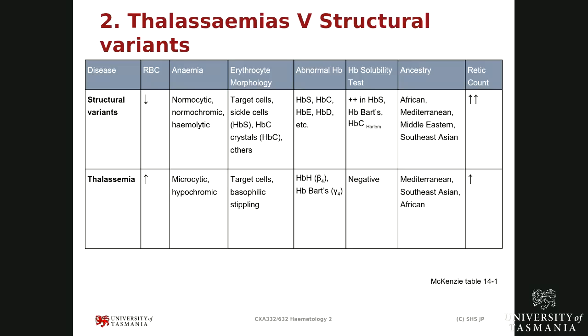And please notice, as I said before, that we tend to get an increased retic count with our structural hemoglobin variants, because they normally have more of a hemolytic component to them than the thalassemias do. Yes, the cells are more fragile in thalassemia, but we don't tend to get that same response of increased reticulocytes with the thalassemias that we can get with our structural variants of hemoglobin.